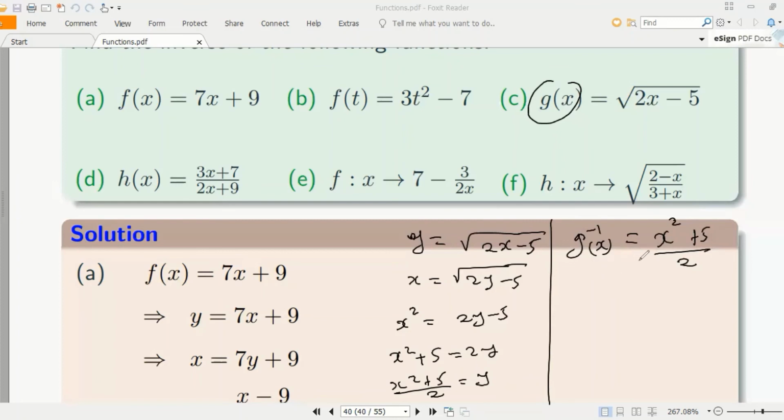This is how we find the inverse of a function. Most importantly, before you find the inverse, check whether the function is one-to-one. If it's one-to-one, then it has an inverse. If it's not one-to-one, it has no inverse.